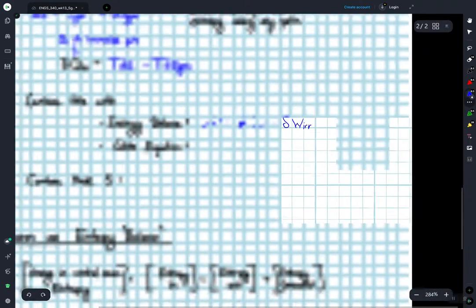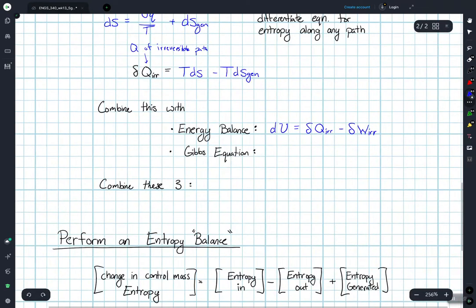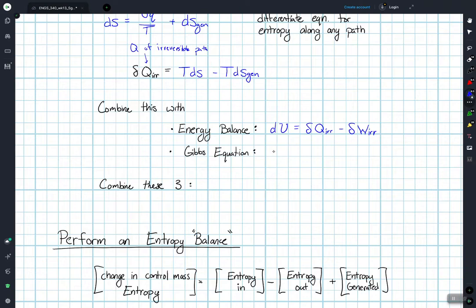We could also write one of our Gibbs equations. We could write this as TdS equals dU minus PdV.